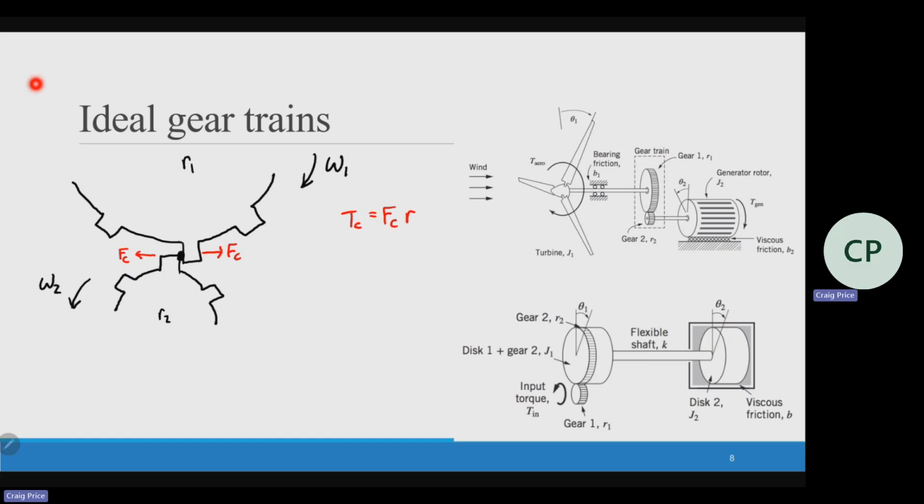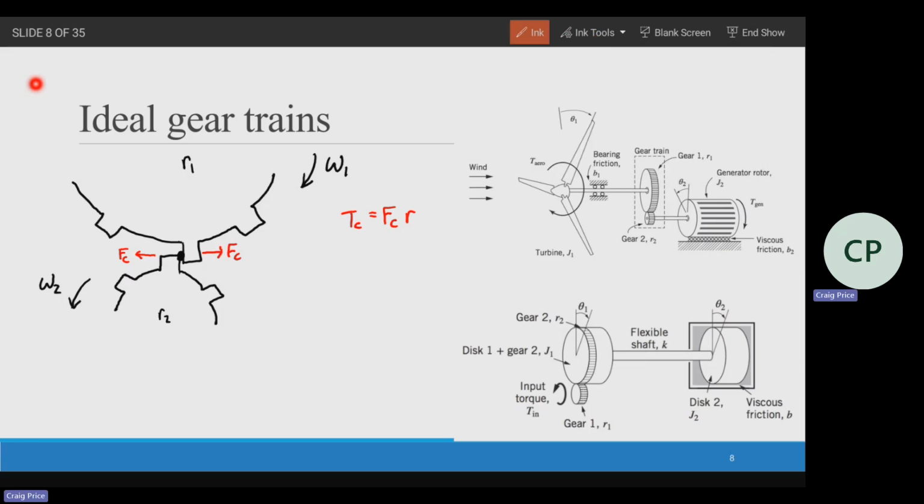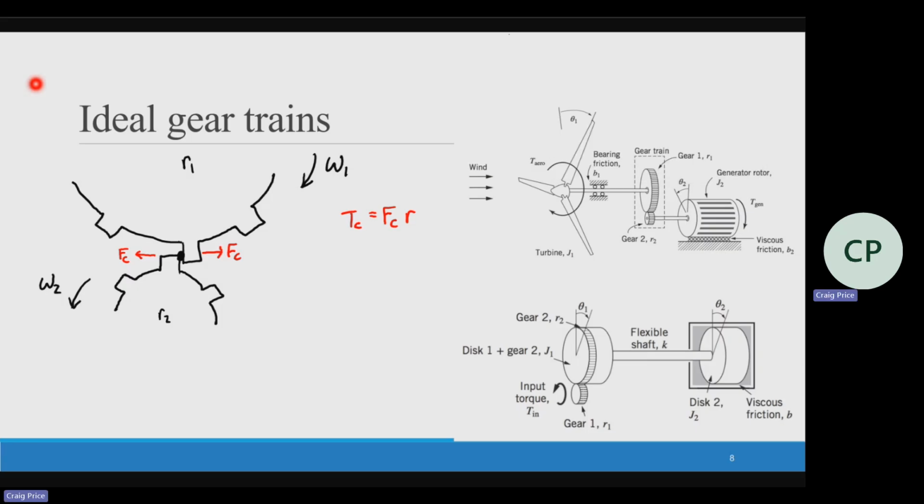So they're not equal torques. The higher the radius, the higher the torque. And for a gear, the gear ratio is equal to R2 over R1. This is the same as T2 over T1.